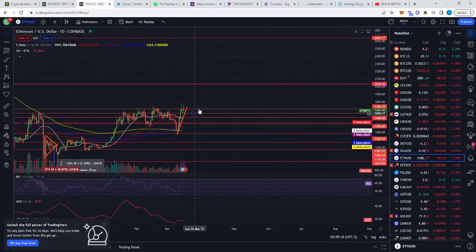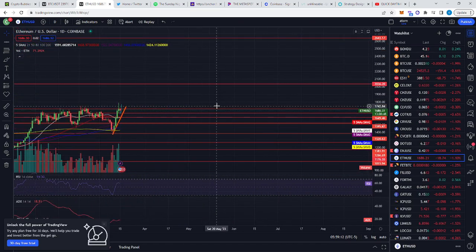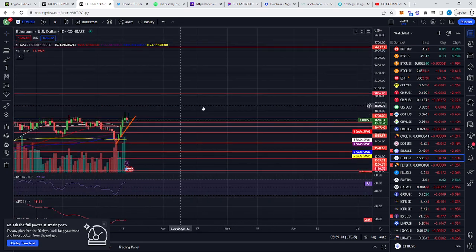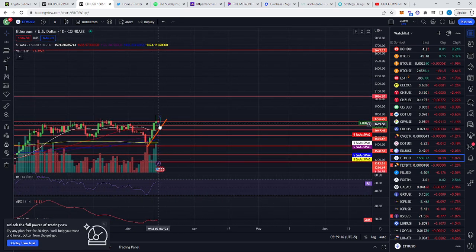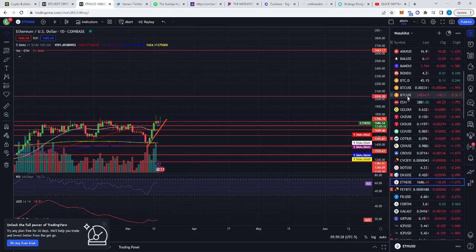So for the traders, you could put in a trade for that and see if it comes down and touches that trend line and busts through that resistance, and then the next resistance would be 2017 right in there, 2036, etc.